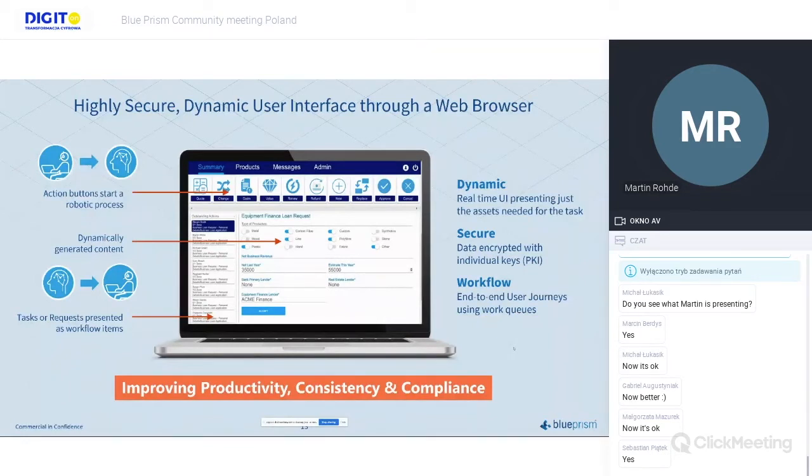So we have different areas. We have, in this case, a summary area with the main processes or tasks of these people. So it's a role-based system. If I connect, I have different tasks and roles, and this is what I mostly use.